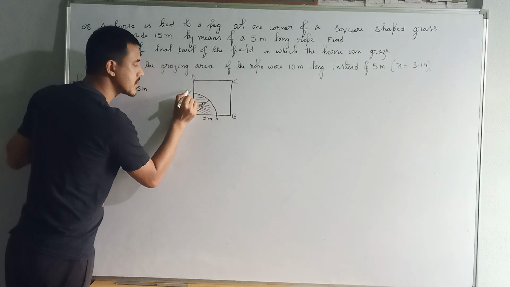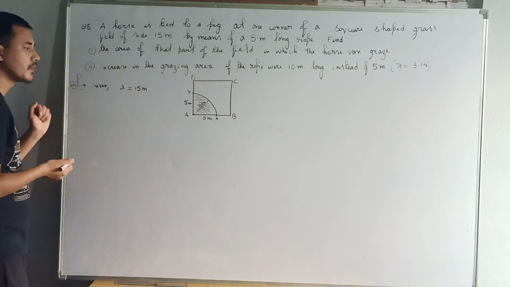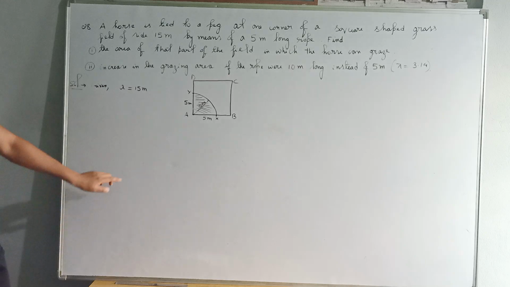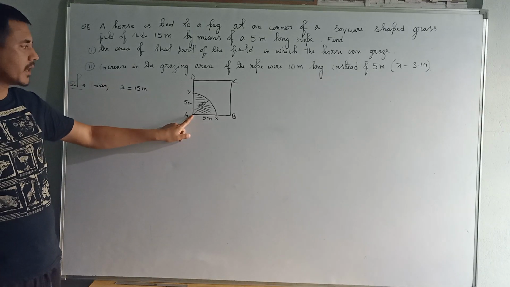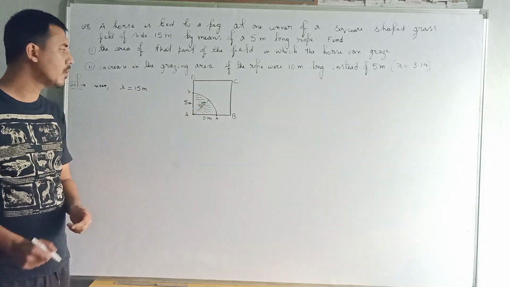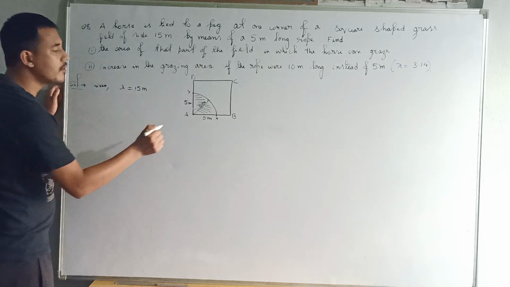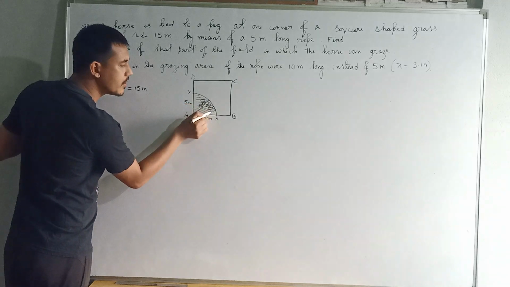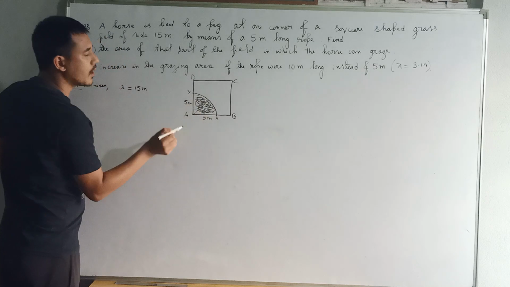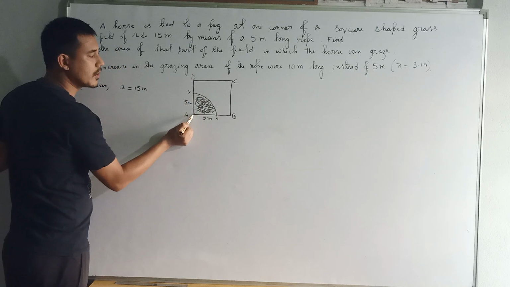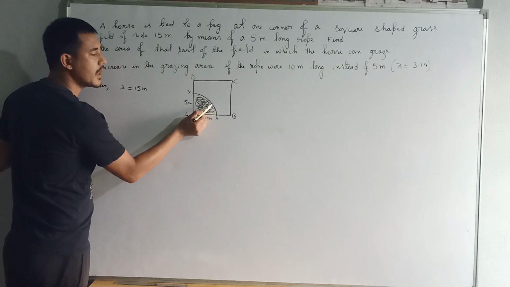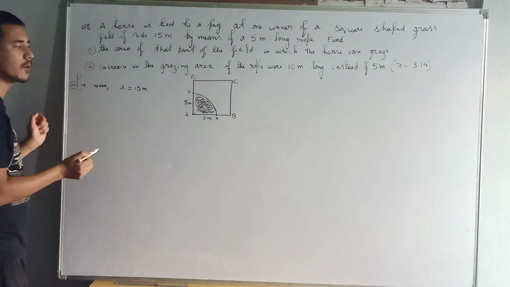Since the horse is tied at one corner of the field, say A, by a 5 meter long rope, the area of the field the horse can graze will be area AXY. Area AXY will be the part of the field in which the horse can graze.